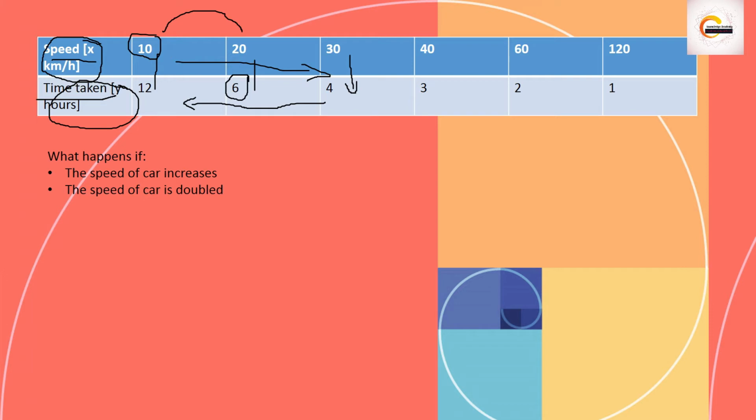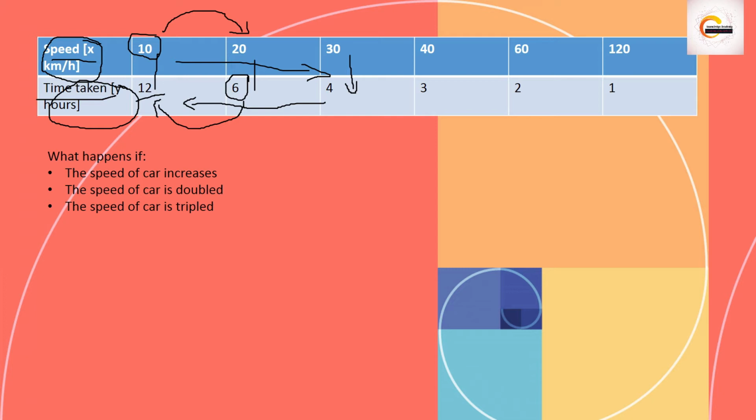The time here is 6, and 6, we all know, is half of 12. So if the speed is doubled, the time will be reduced to half.